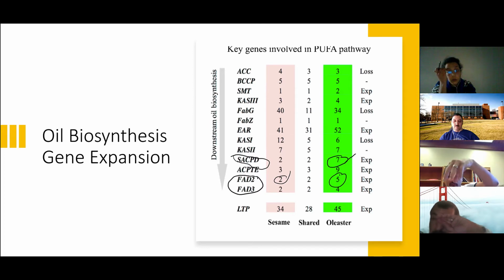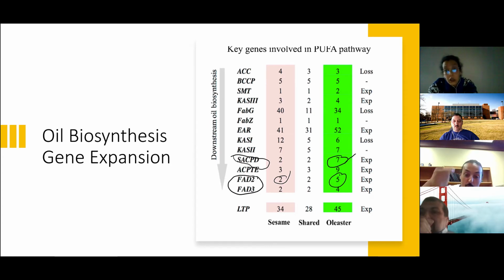So if we are pouring food from the SACPDs, more oleic acid, but the FAD2s are taking the oleic acid and transforming it into linoleic acid. But still, the concentration of oleic acid is higher than any other species. Why? If we have 5 FAD2s taking all that oleic into linoleic, we should have less oleic, not more.